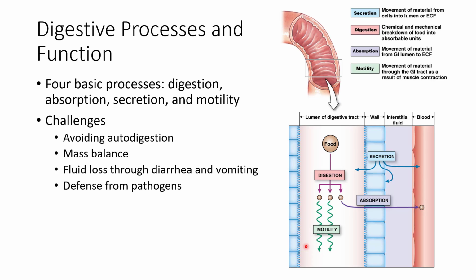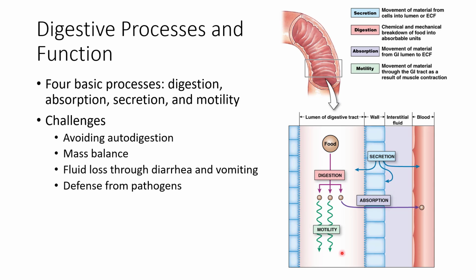All of these four processes face challenges in the digestive system, specifically because of the nature of the processes that are going on and the fact that it's open to the external environment. Those challenges include avoiding autodigestion. As we digest biomolecules, we have to make sure that we don't digest ourselves. There are issues for both secretion and absorption that have to do with mass balance. How do you secrete or absorb something against its concentration gradient?